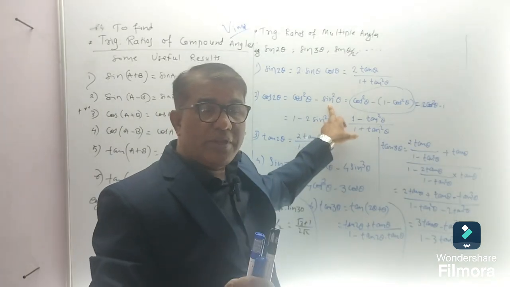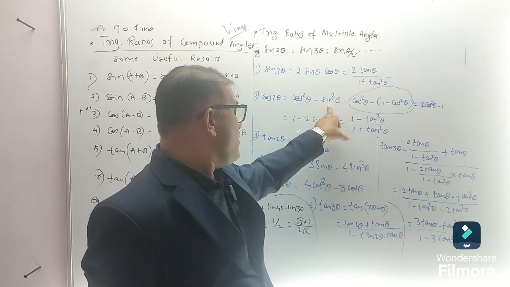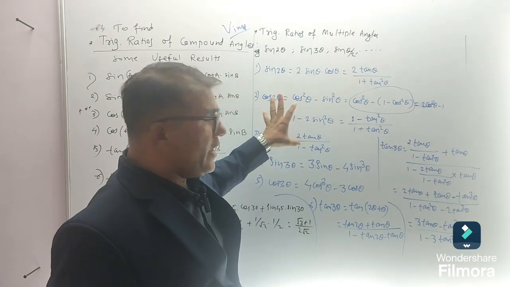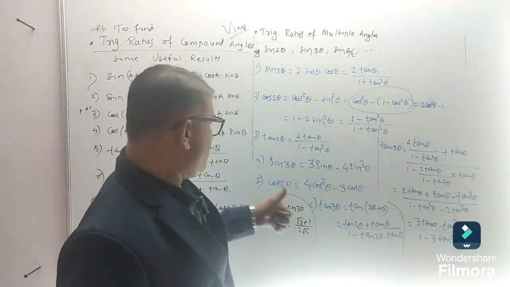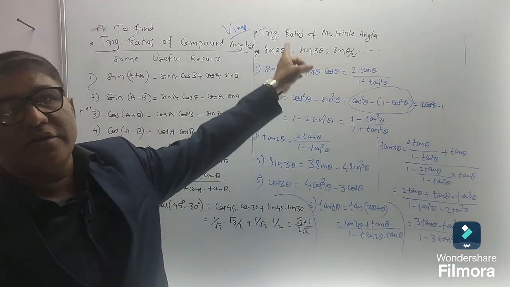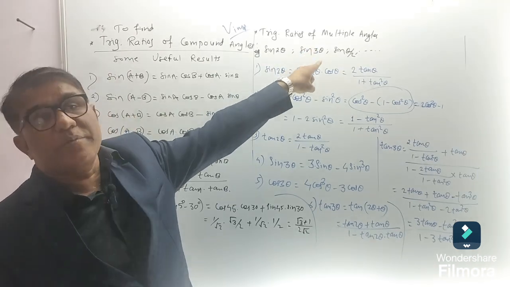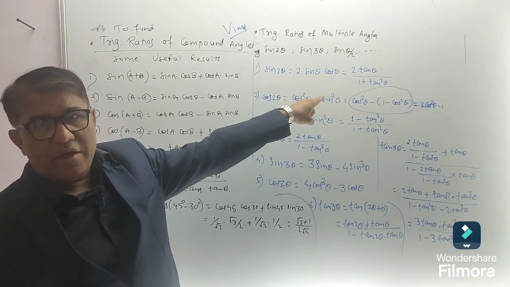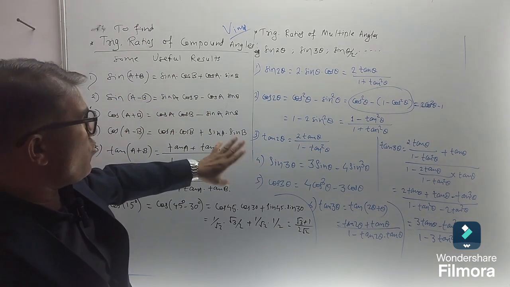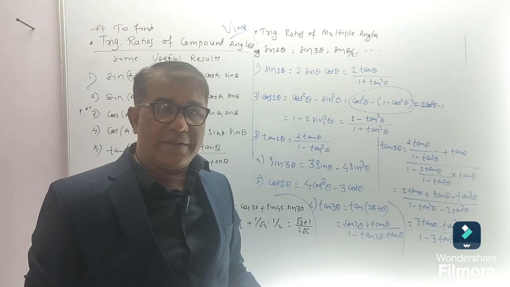For homework, rewrite all these formulas in half angle format. Okay. These are trigonometric ratios of compound angles, double angles, triple angles, in short multiple angles. Using these trigonometric formulae, I am going to derive another formula, factorization formulae and defactorization formulae.